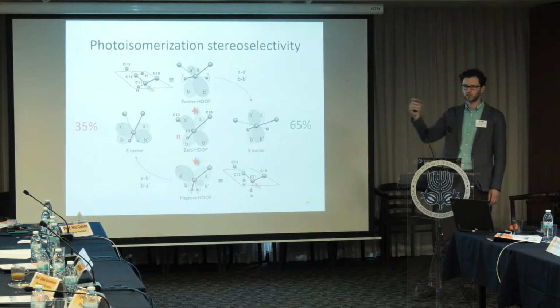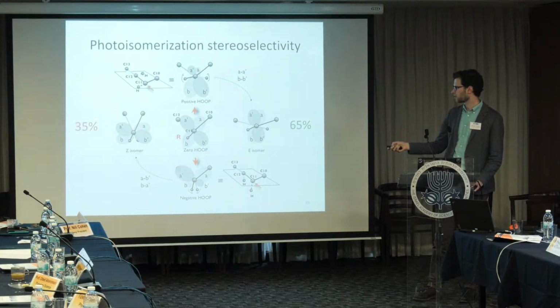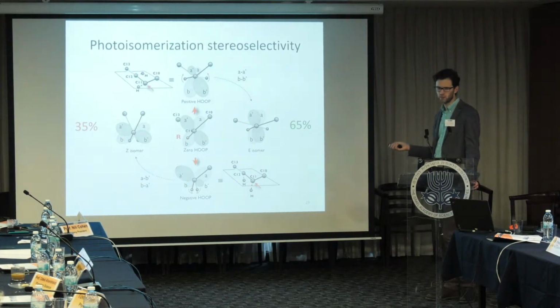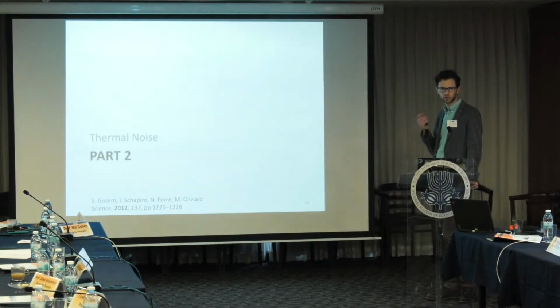While if you replace only one of them, it becomes asymmetric, and then they observed 55% of the cis and 45% of the trans. So indeed, it proves that our understanding of the stereoselectivity was correct, and actually, I think it's one of the examples where the theory or simulations were leading the way for experiments. Okay, with this, I want to close the first part.